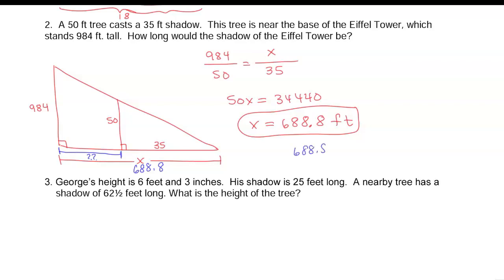So 688.8 minus the 35 feet would give you 653.8 feet. So there might be questions in your homework where they don't want the whole shadow. Maybe they just want the distance between the two objects. So pay attention to what question you're being asked.